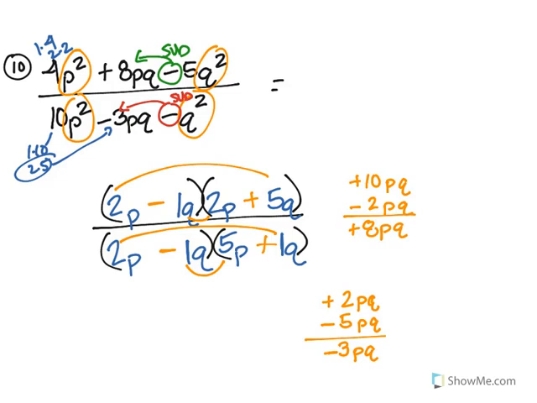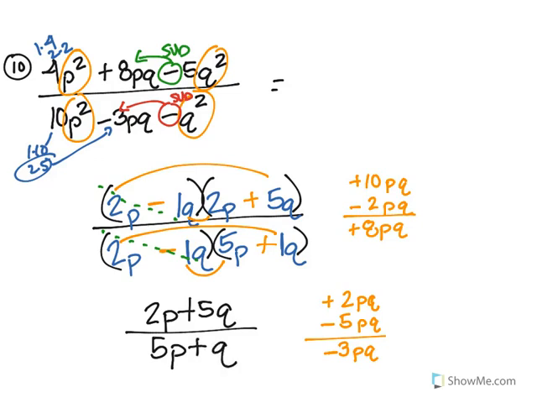Okay, and so once you put that negative on 5, positive on 2, we're going to look to see, okay, who cancels? That would be my 2p minus q. And so I'm left with on top 2p plus 5q over 5p plus q.